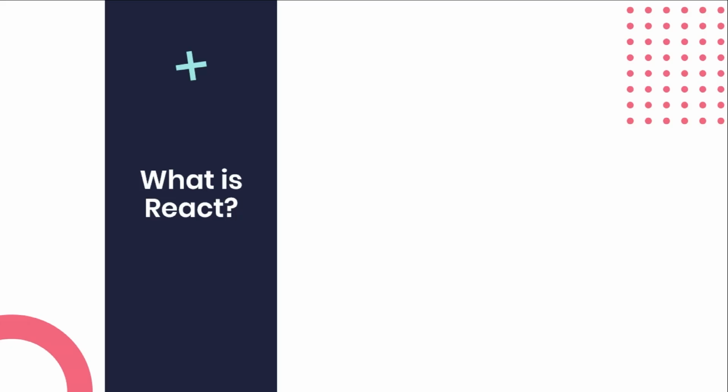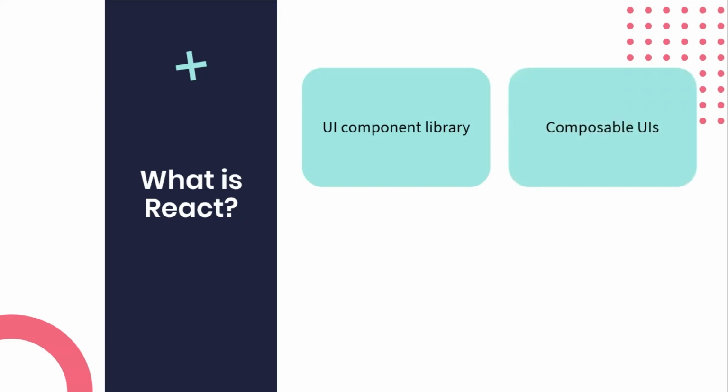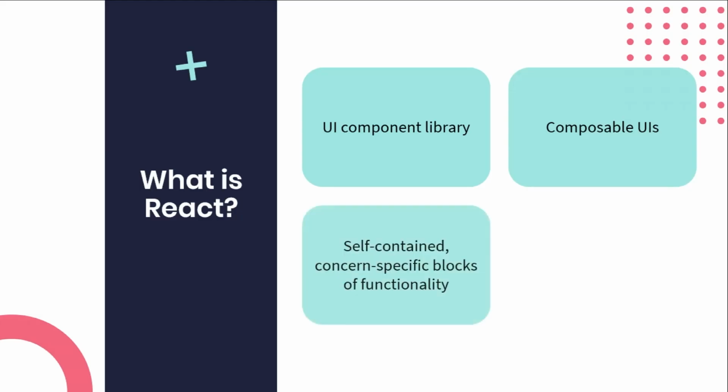So what is React? React is a UI component library in which the components are created with React using JavaScript, not a special template language. This approach is called creating composable UIs, and it's fundamental to React's philosophy. React UI components are highly self-contained, concern-specific blocks of functionality.